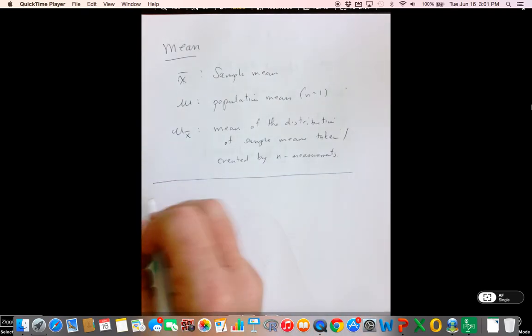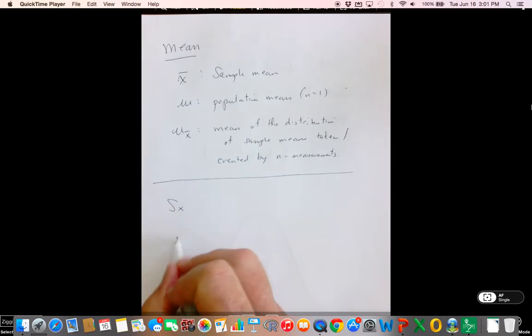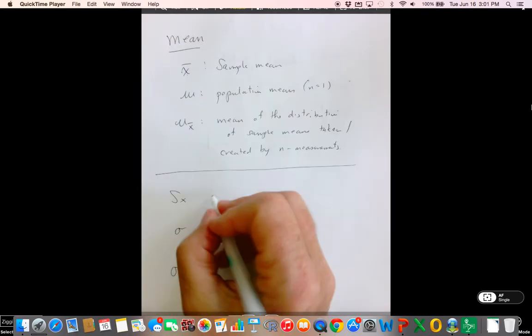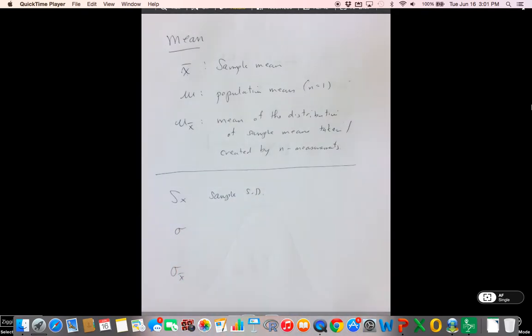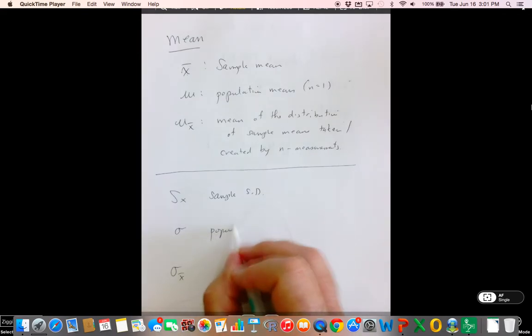We've talked about standard deviation: Sx, sigma, sigma x bar. What's the difference? This is the sample standard deviation. This is the population standard deviation.